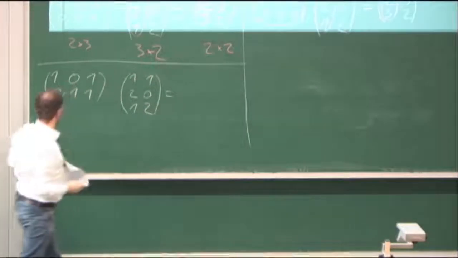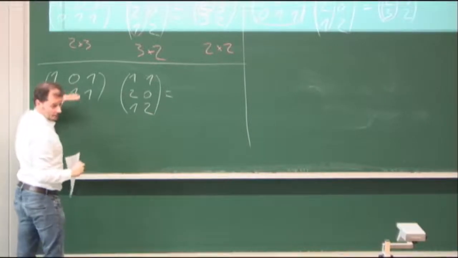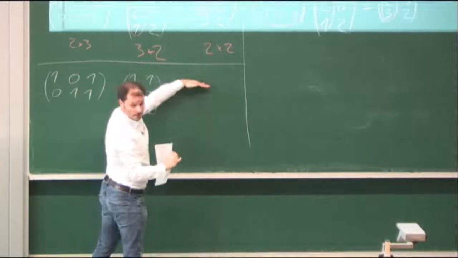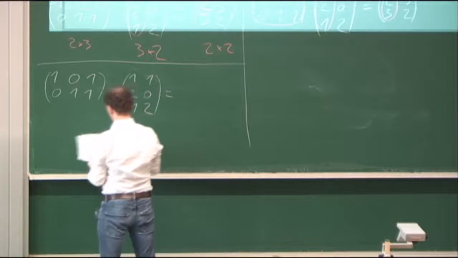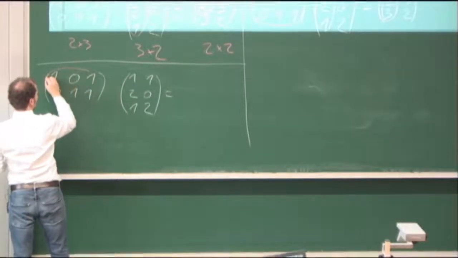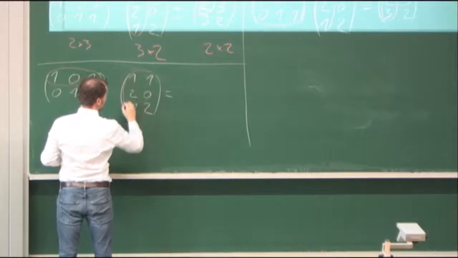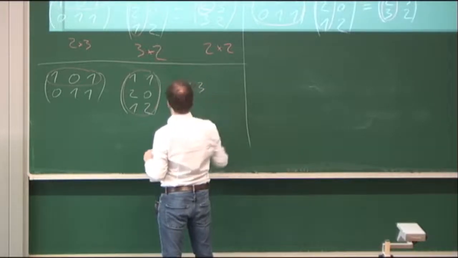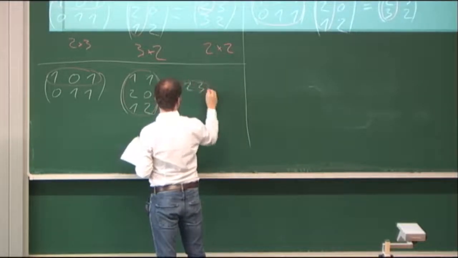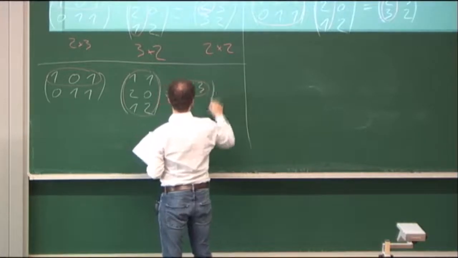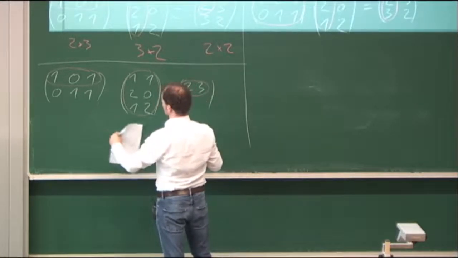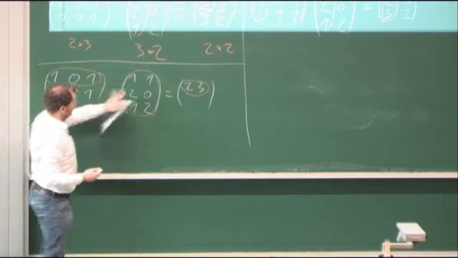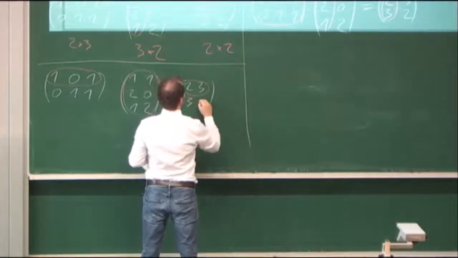And in this perspective, you multiply this row vector from the left with this matrix, which gives you the first row of the result. So multiplying this row from the left with this entire matrix gives us the first row of the result, which is the row vector 2, 3. And then we do the same with the second row. And obviously, the result is the same in all perspectives. In the second row, we multiply the second row as a row vector from the left with this matrix B. And this gives us the second row of the result, 3, 2.